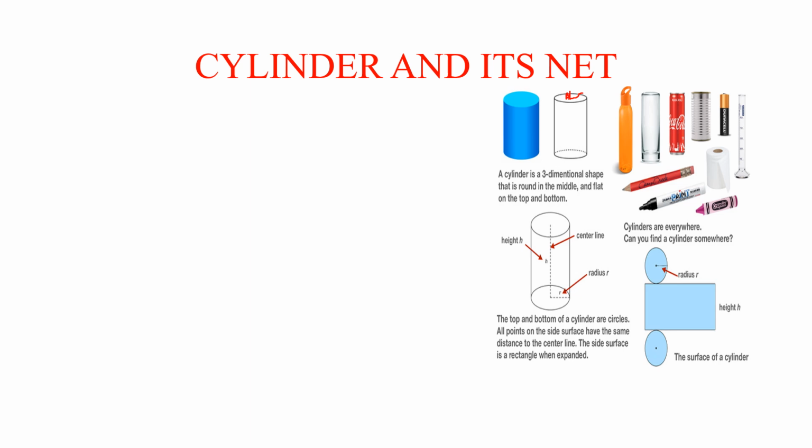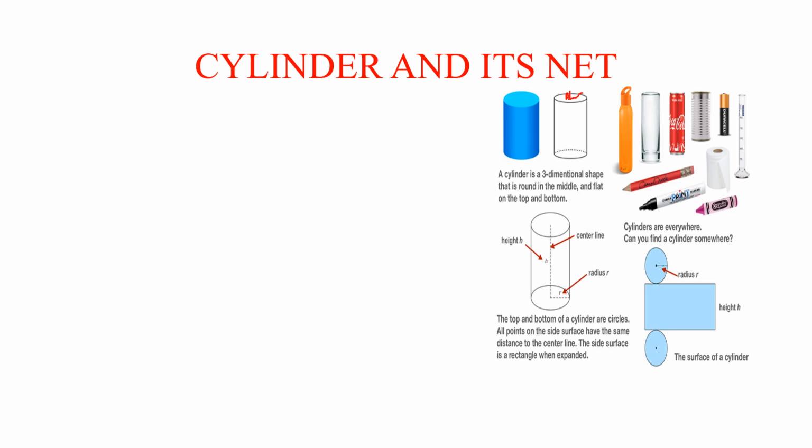Whenever we talk of a net, it is a 2D representation of a 3D shape that can be folded to form the actual shape. For a cylinder, we need two circles and one rectangle.